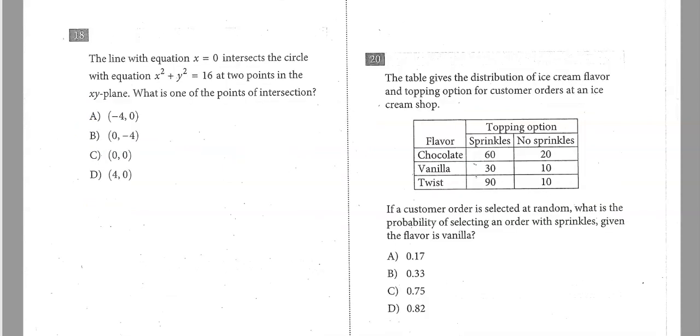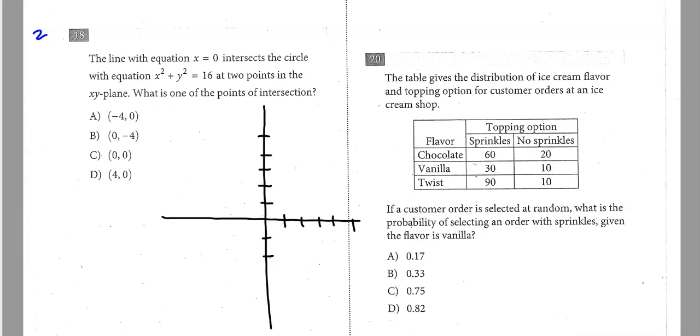All right, number 18, we have a line intersecting a circle. We need to know a few different pieces of information here. First of all, let me set up a little bit of a graph. 1, 2, 3, 4, 5. 1, 2, 3, 4, 5. One thing you need to know is the equation for a circle: x squared plus y squared equals r squared, and this is centered at 0, 0.